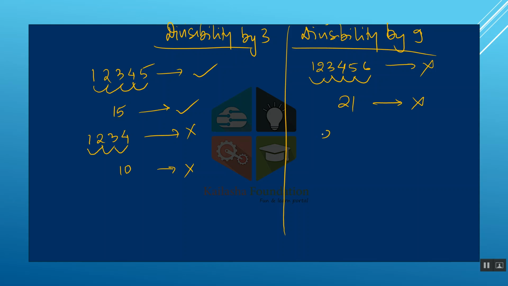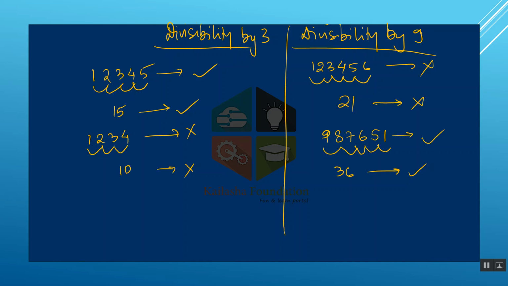Okay, 9 8 7 6 5 1. 9 and 8 is 17, and 7 is 24, and 6 is 30, and 5 is 35, and 1 is 36. 36 is divisible by 9, so this number is also divisible by 9.